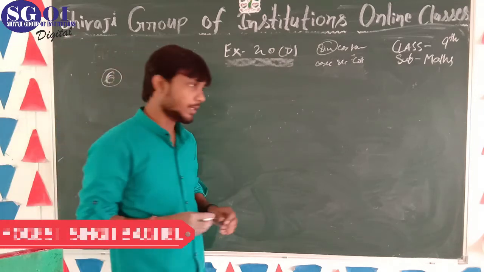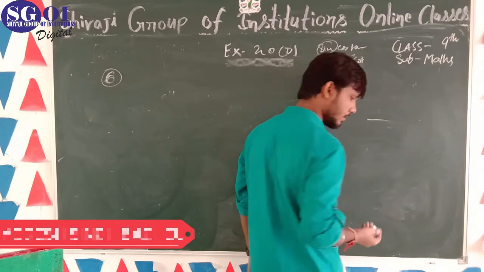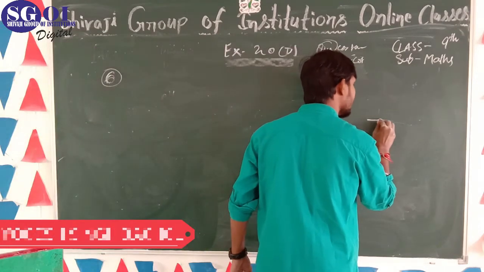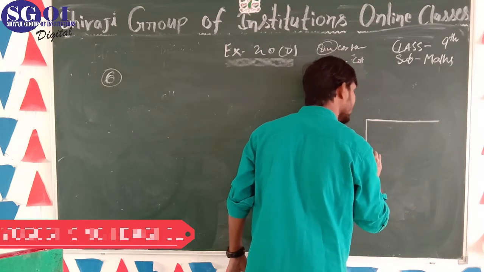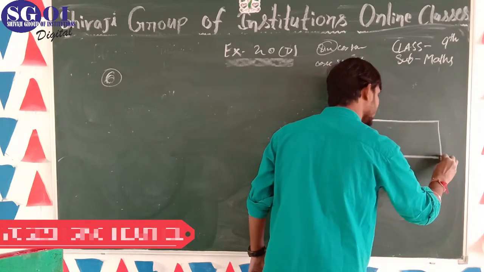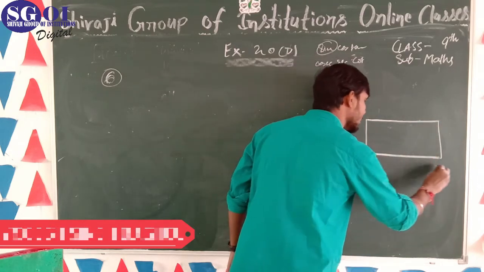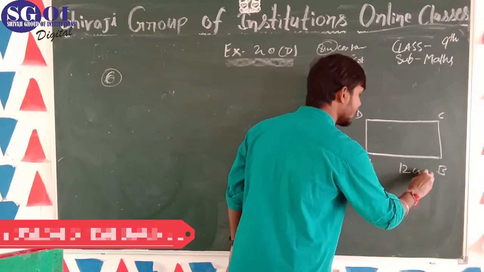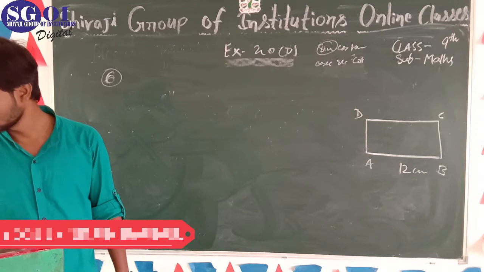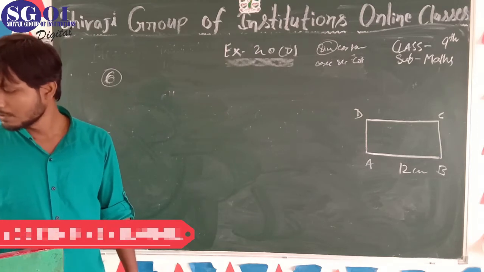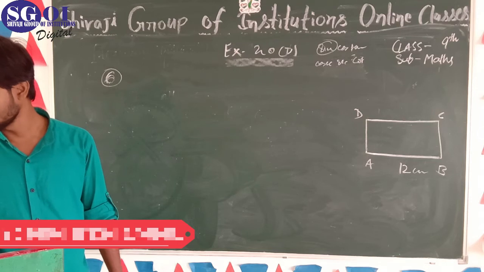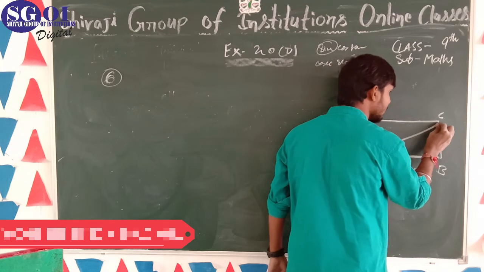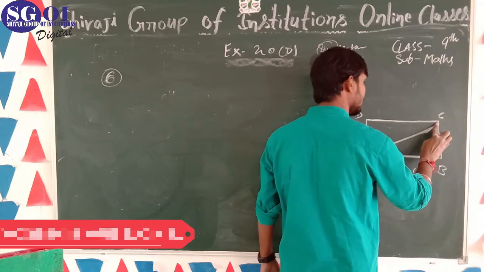In question number 6, there is a rectangle ABCD. AB is 12 centimeters, given, and angle BAC is 30 degrees, and AC is the diagonal.